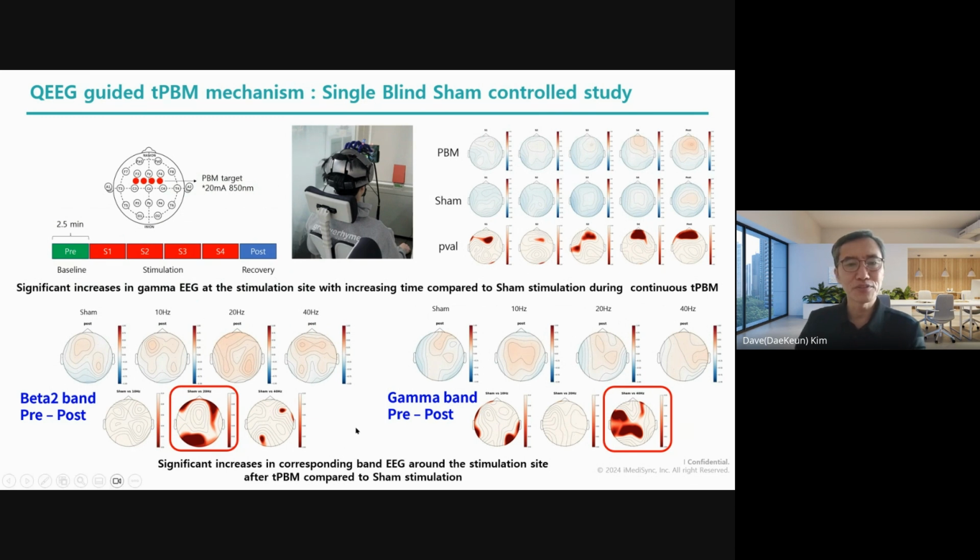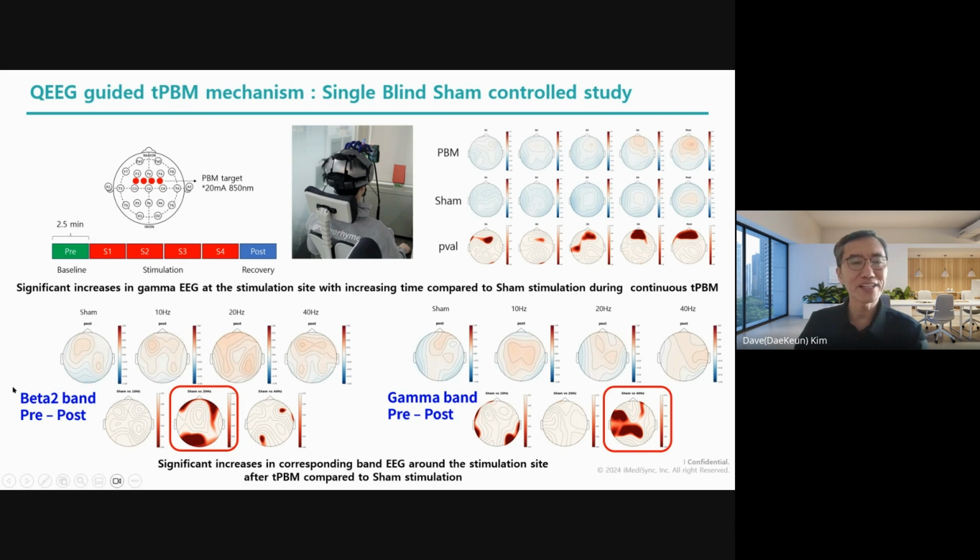But with photobiomodulation using, for example, the frequency stimulation, here is the change of the EEG rhythm when you use the sham stimulation, the 10 Hz stimulation, the 20 Hz stimulation, and the 40 Hz stimulation. This is the change of the beta 2 band, for example. We compare sham and 10 Hz, sham and 20 Hz, sham and 40 Hz.